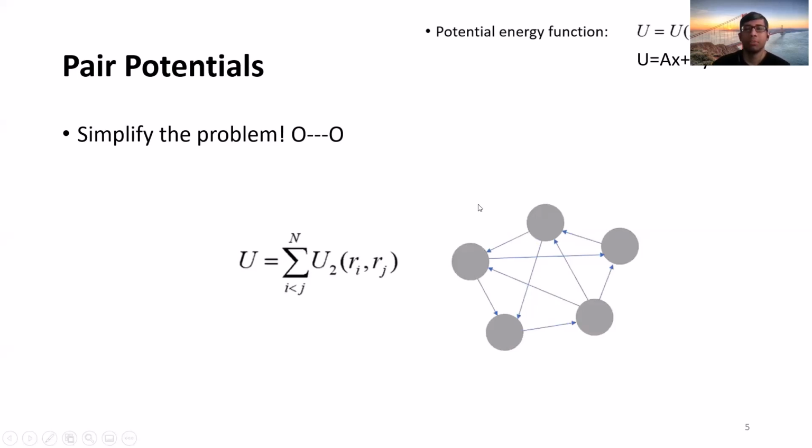So you will consider only interaction between these two atoms, and you think that all the other interactions are not coming into play. Although it's not true, it helps us to simplify the functional form. And that's how the pair potential is defined, only considering the distance and position between two atoms.